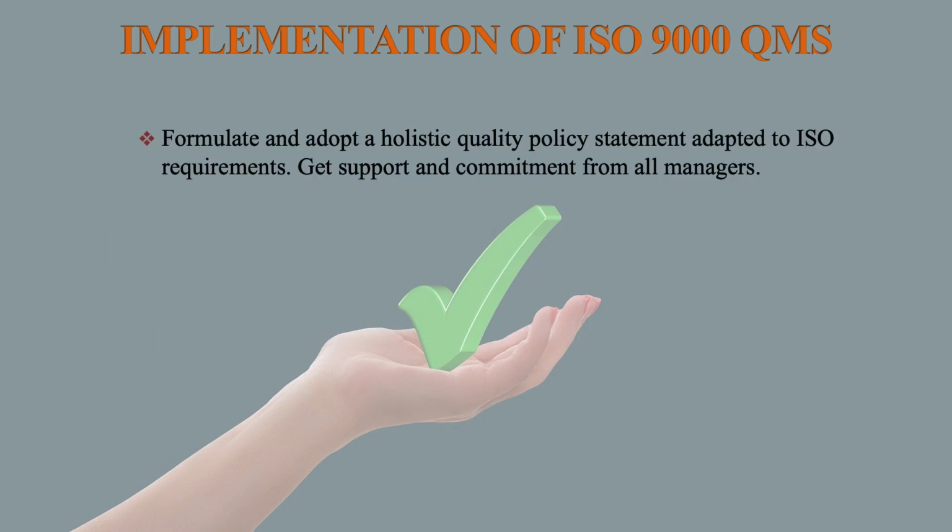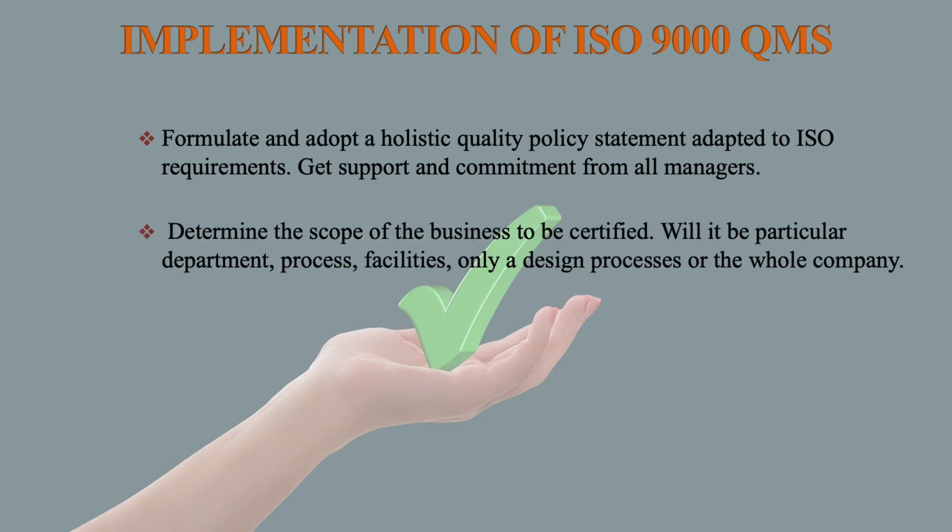Formulate and adopt a holistic quality policy statement adapted to ISO requirements. Get support and commitment from all managers. Determine the scope of the business to be certified. Will it be a particular department, process, facilities, only the design processes or the whole company?